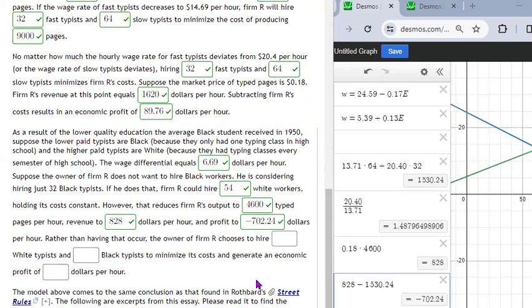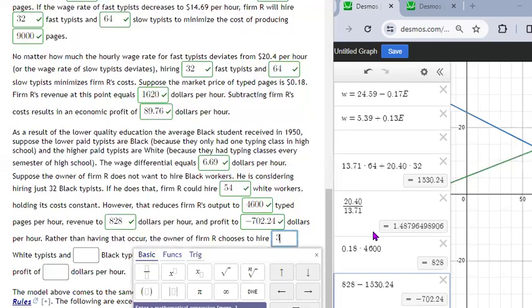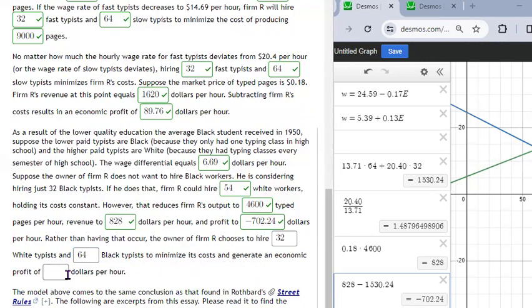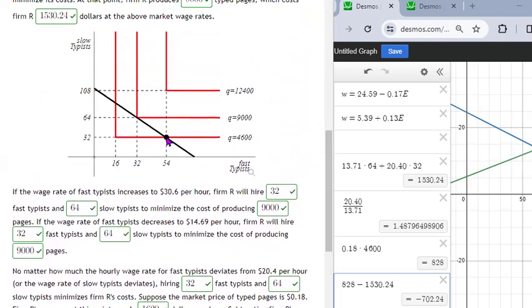Rather than have that occur, the owner of firm R chooses to hire what? They'll choose to hire 32 white typists and 64 black typists to minimize its cost and generate economic profit. So it wants to go back to this point, right?